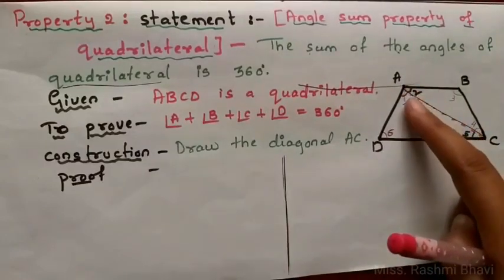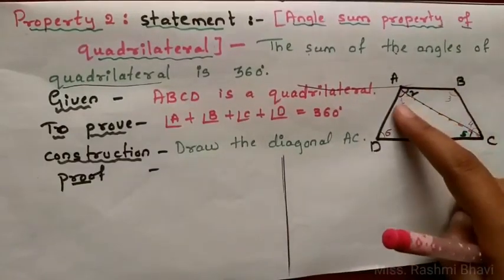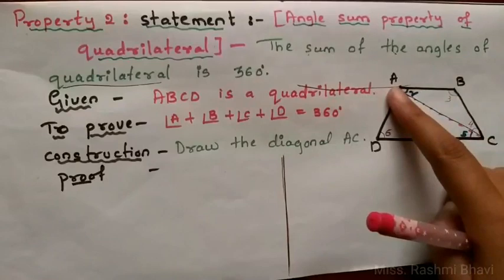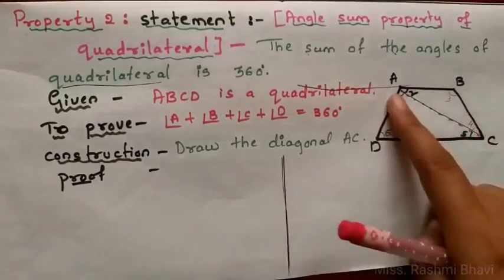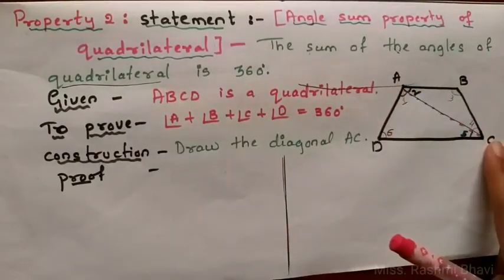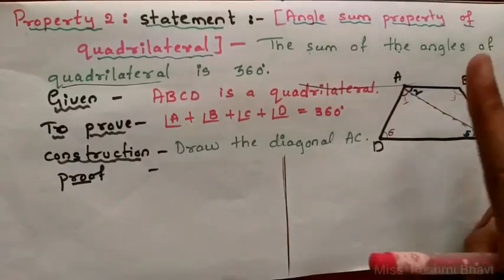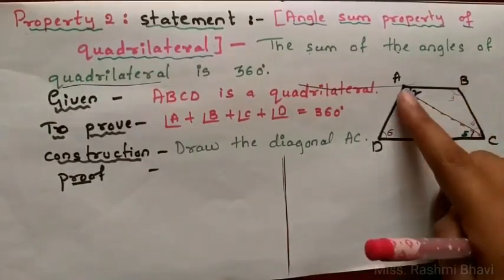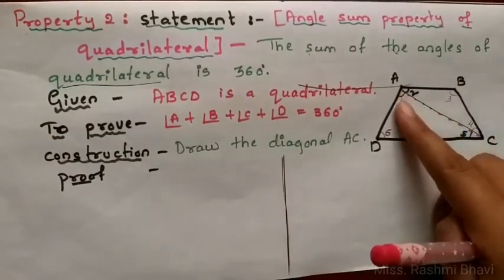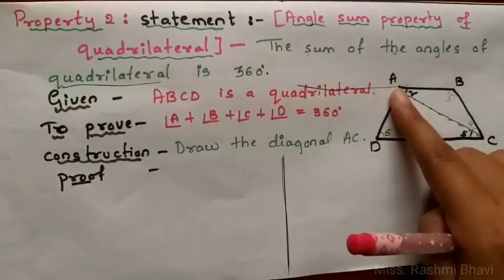Angle A is divided into two angles because of the diagonal. The diagonal bisects angle A and angle C. So angle A is divided into two angles; give the names angle 1 and angle 2. Here angle 1 plus angle 2 is angle A.